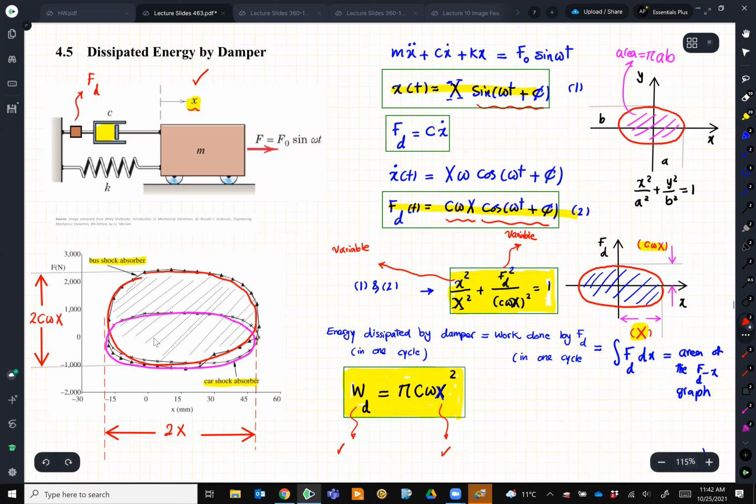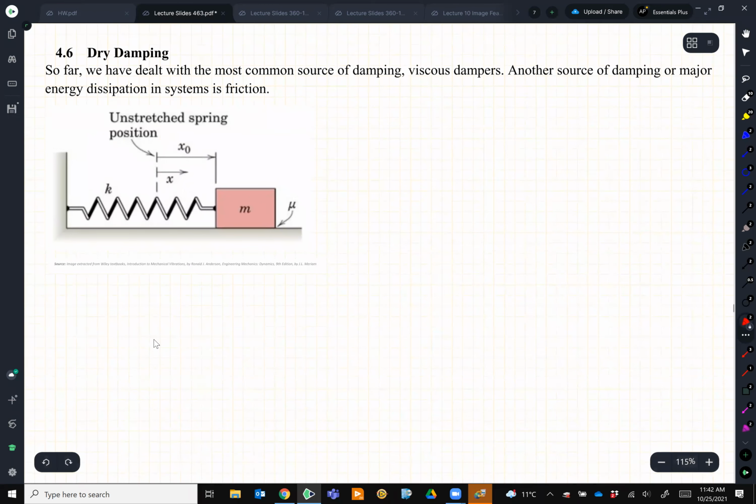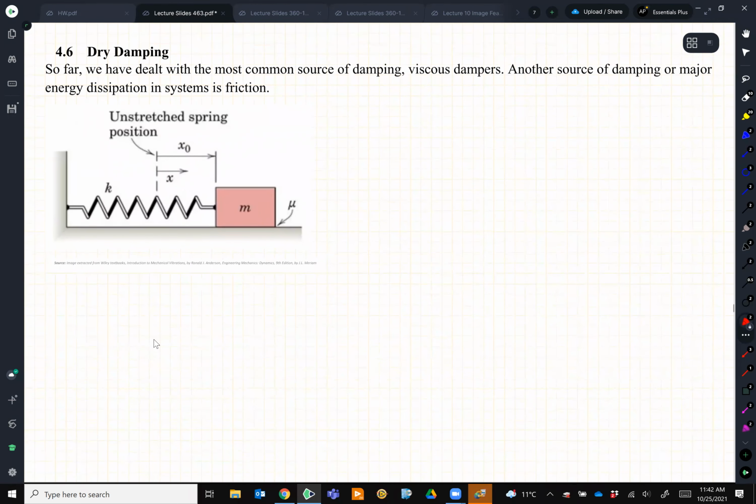All right, and this is the last topic, which is a very short topic, dry damping. So remember, damping can come from one of three sources. It can be viscous damping, which is what we discussed so far. This is something that we intentionally create. We put dampers in cars because we want to remove vibration.